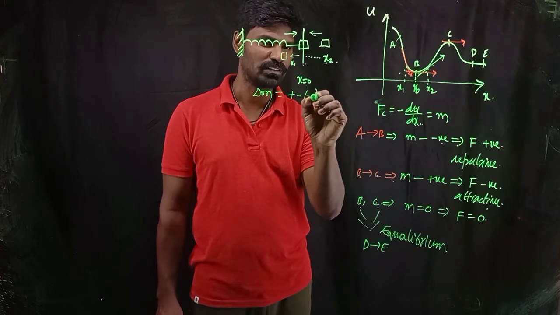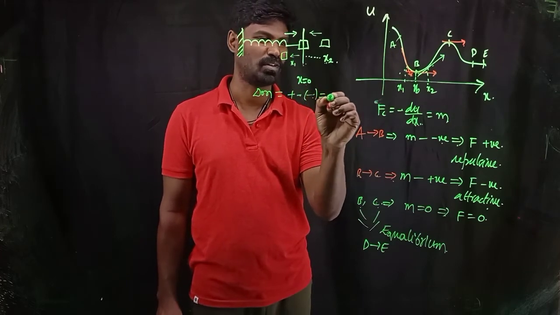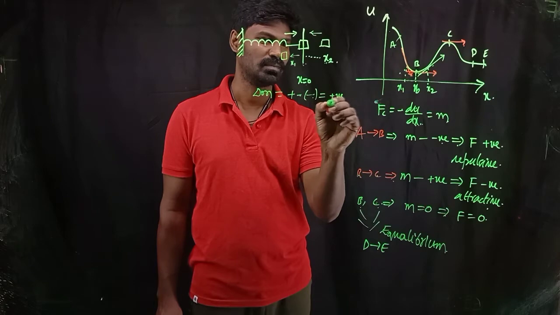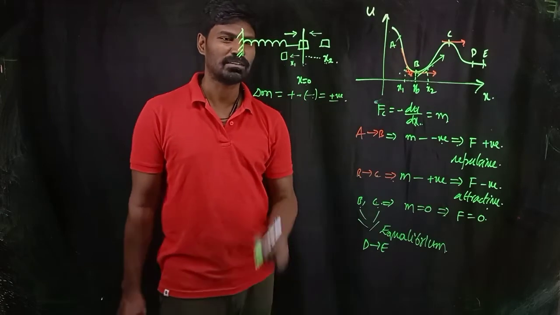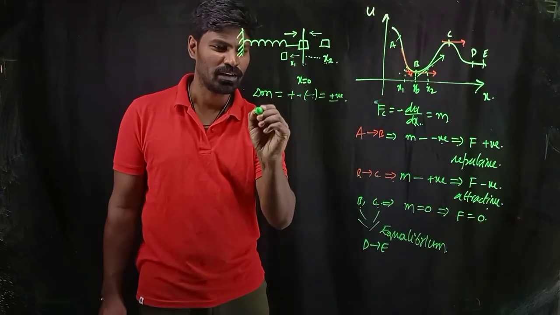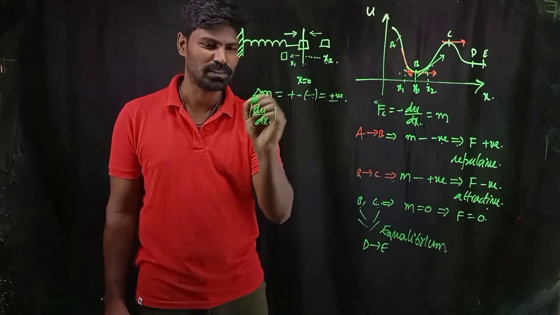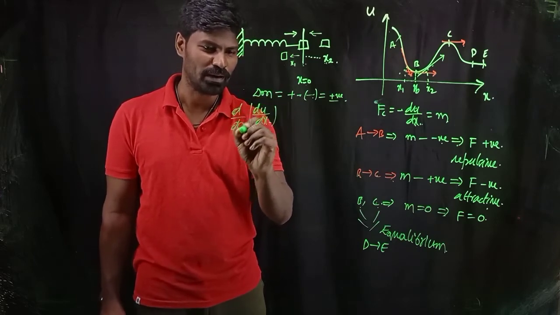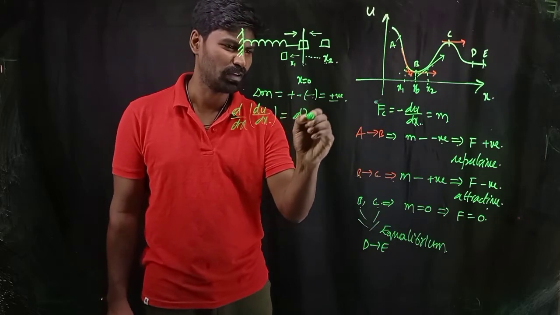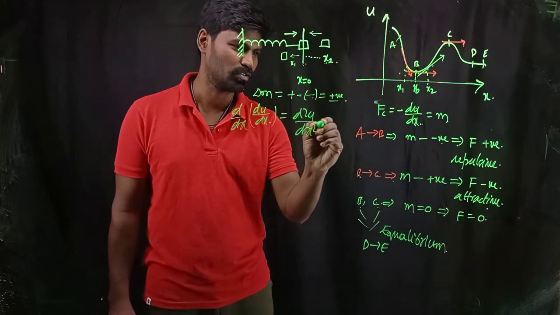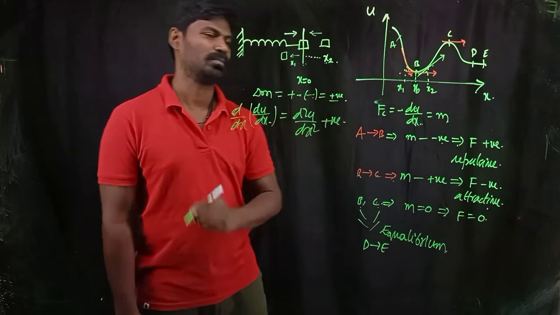So negative into negative is positive. Altogether it is positive. That means the change in the slope, du divided by dx, so d by dx of du by dx, which is nothing but d square u divided by dx square, should be positive.